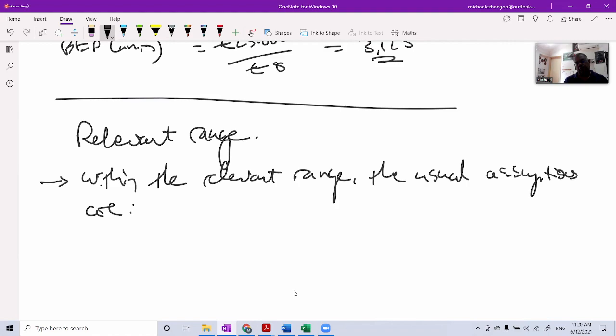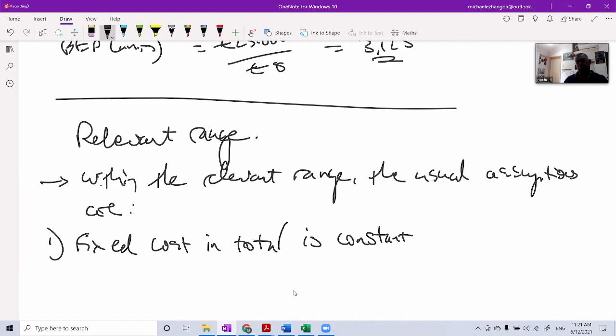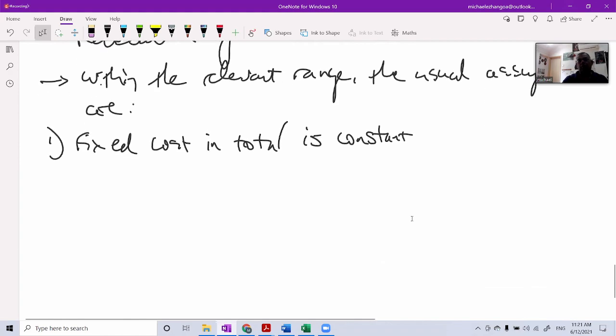Number one, fixed costs in total is constant. If we see a change in fixed costs, then it's no longer the relevant range. Fixed cost in total is constant.